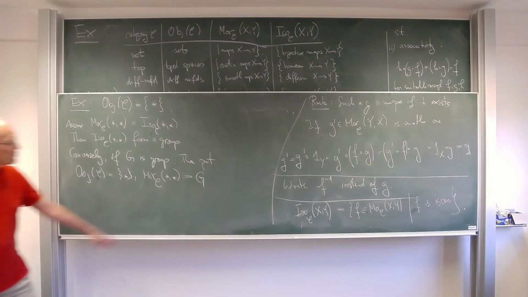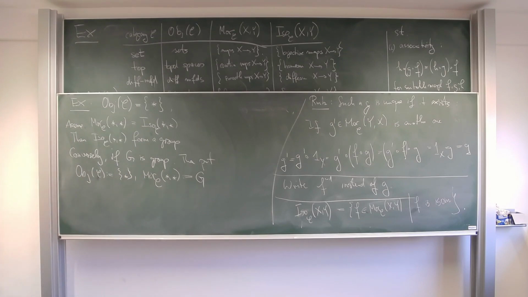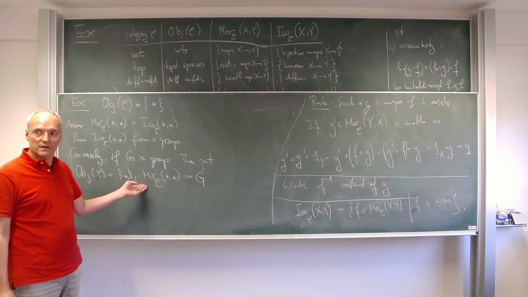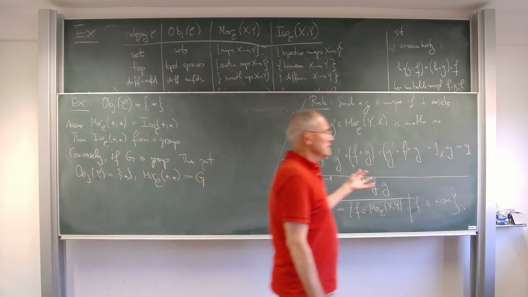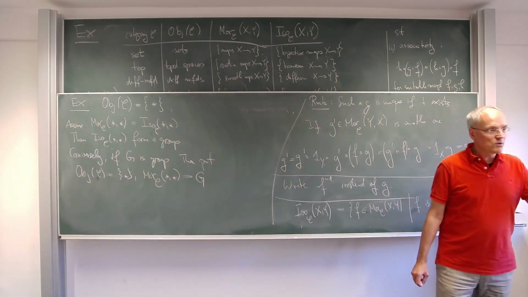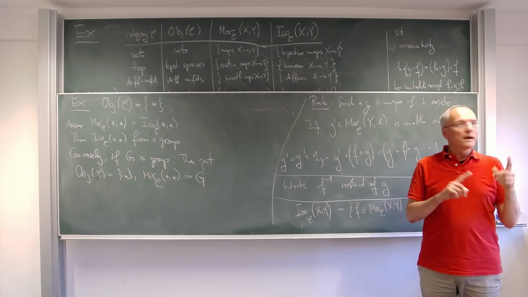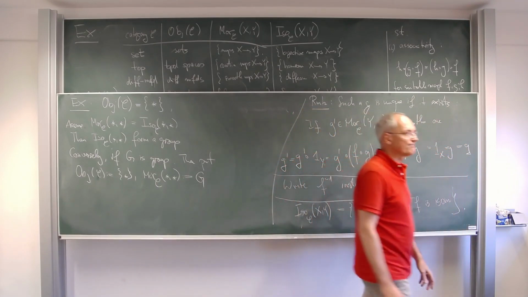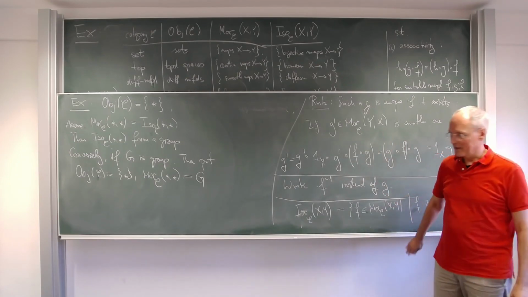And take the group composition as your composition of morphisms. Then this will give you a category with just one object where all morphisms are isomorphisms. So in other words, a group is nothing but a category where you only have one object and all morphisms are invertible, isomorphisms. So that's the formulation of the concept of a group in categorical language.